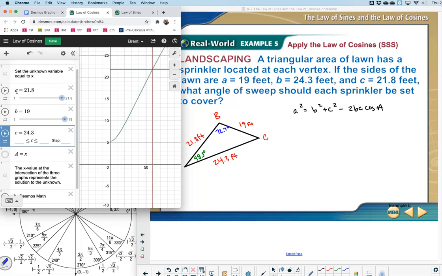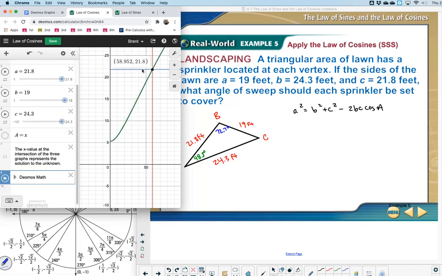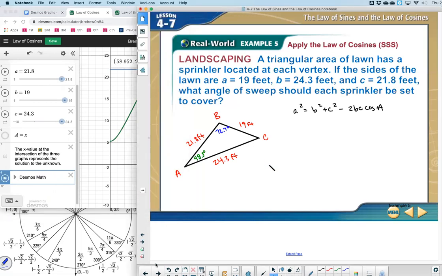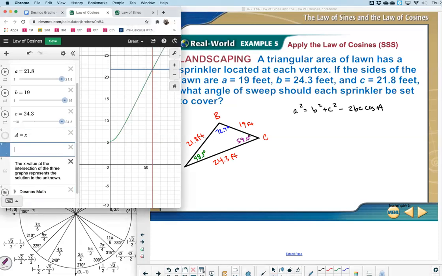Whatever's in the place of A on my Desmos calculator, it's going to solve for the partner, which rounds to 59.0 degrees. If you add those up to check your answer, they should add up to 180 degrees: 48.3 plus 72.7 plus 59 is 180.